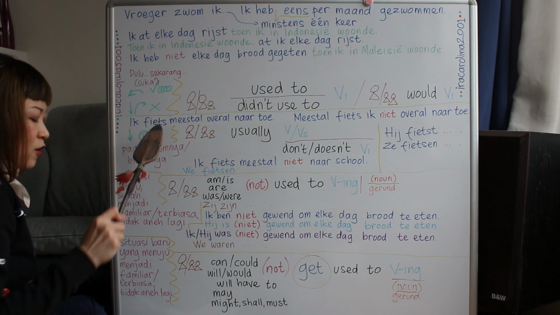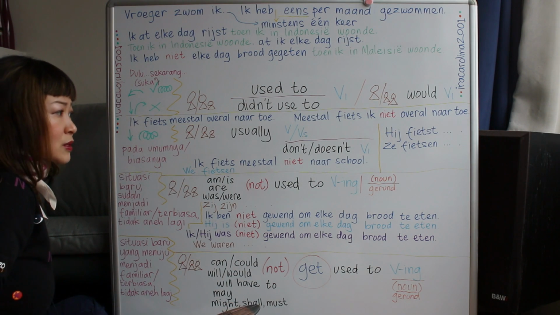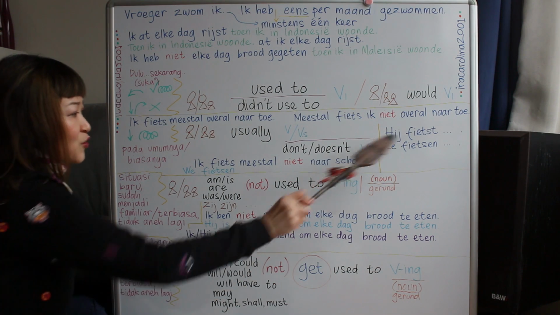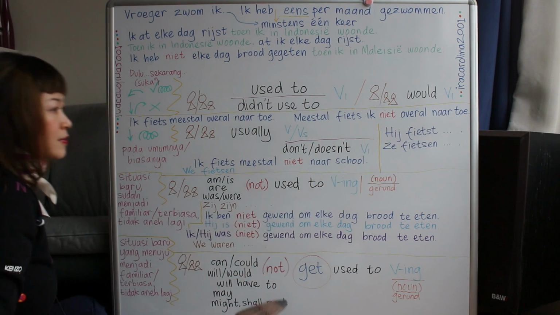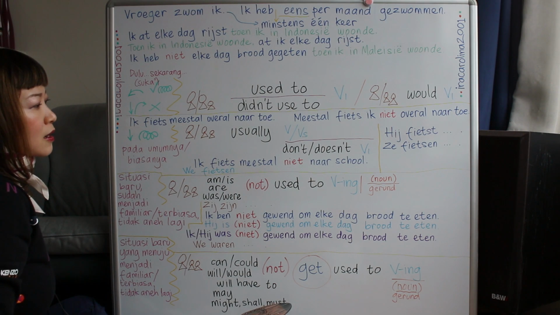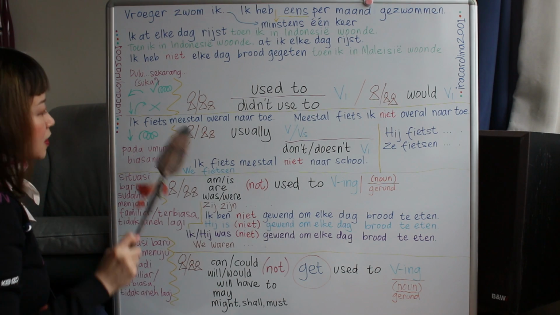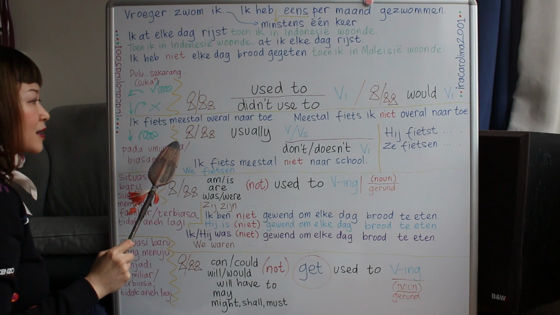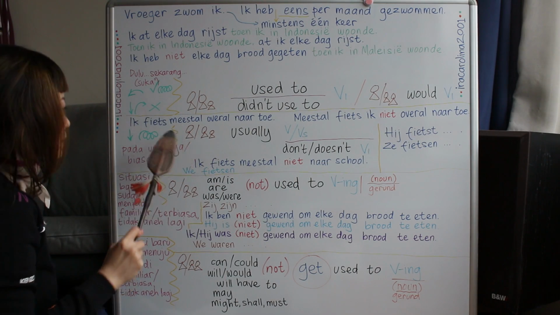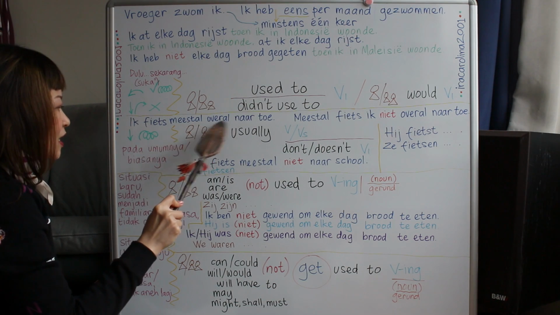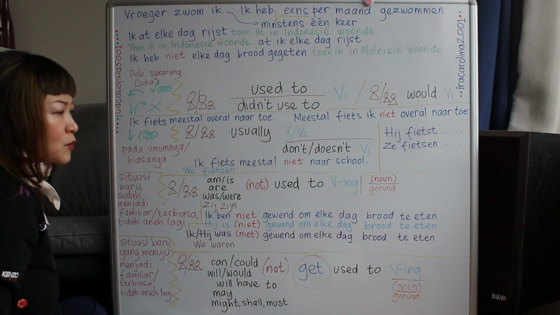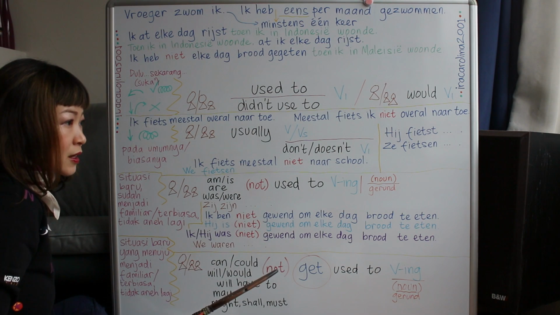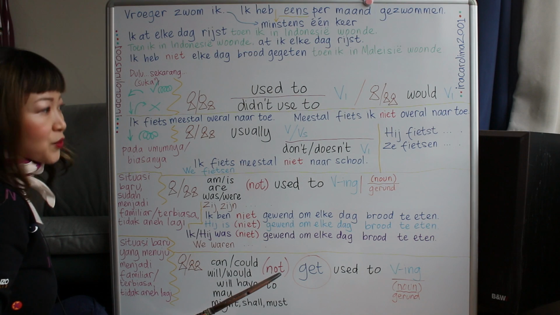If you want to use hij or he, the verb of bike, it becomes bikes in English, in Dutch, fietst. The rest of the words same. So hij fietst, he bikes, meestal, overal, naartoe. Most of the time he bikes, or he usually bikes everywhere.